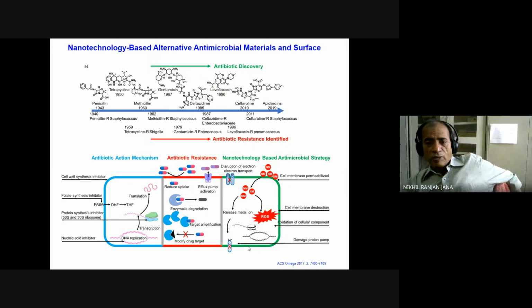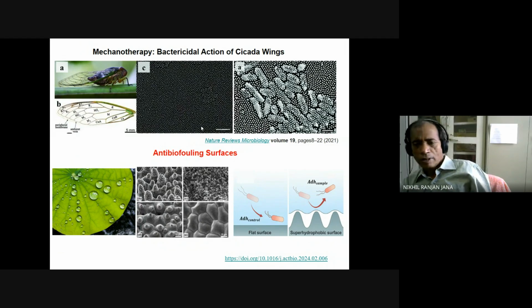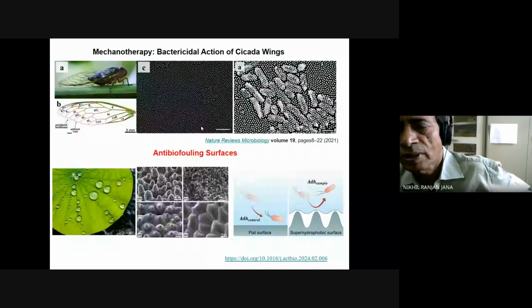And nano surfaces can be designed the way nature did. These are cicada wings. They have nanopillars decorated with wire-like structures, about 10, 20 nanometer diameters, 100 to 200 nanometer height, and the spacings are also similar.